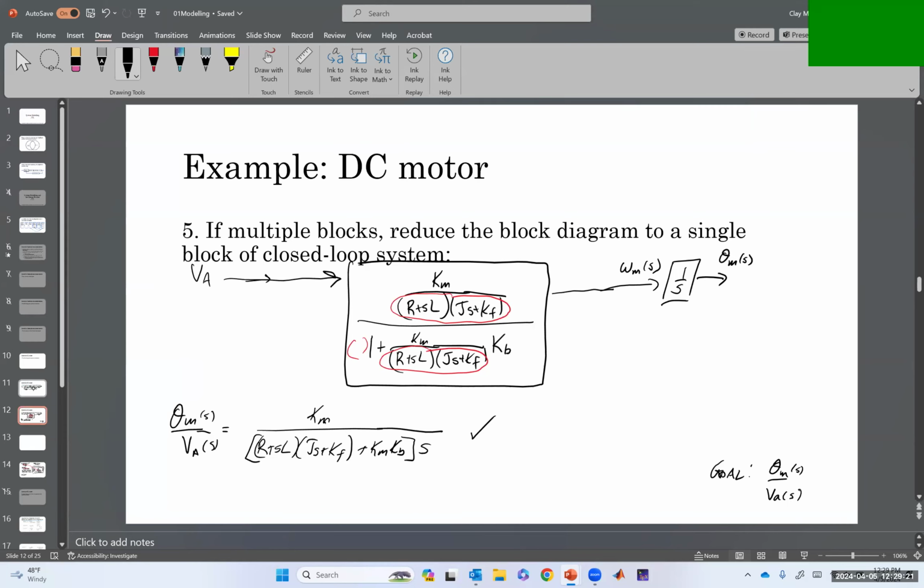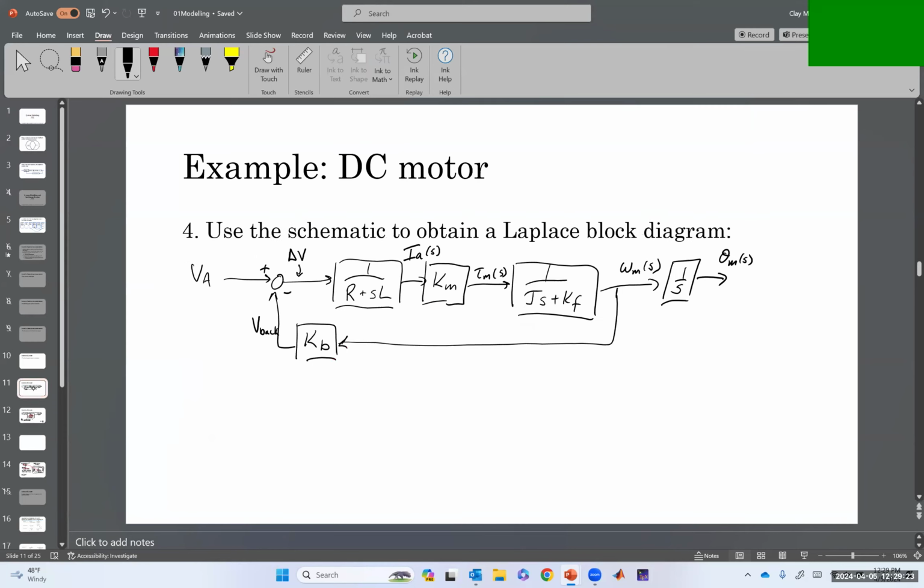There's a couple more things we can kind of wring out of this example. So I'm going to scroll back to the initial block diagram. Where are the poles? Because there are various subsystems here, and those subsystems have poles and zeros.